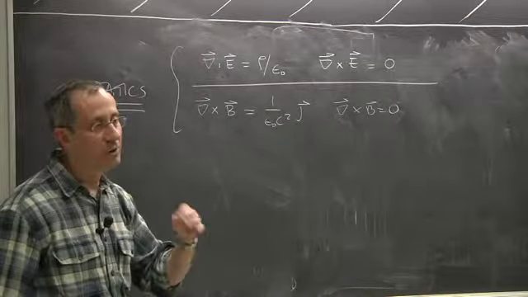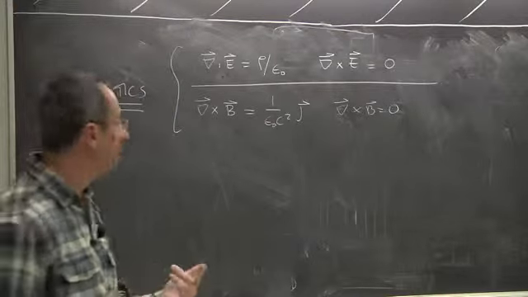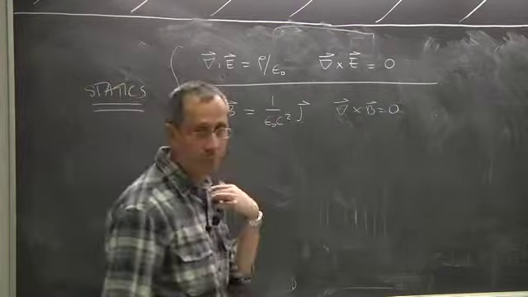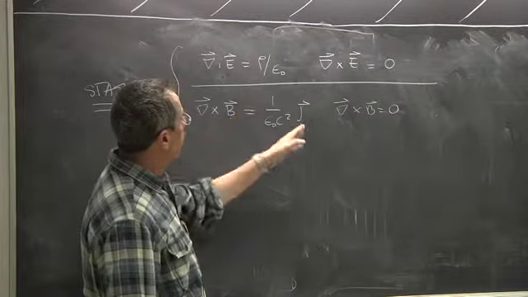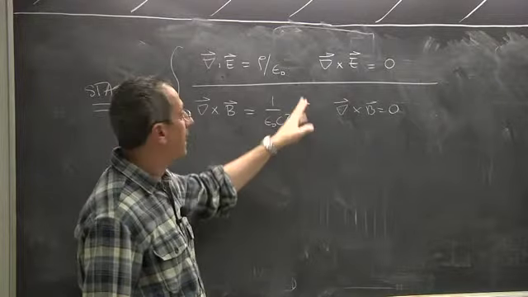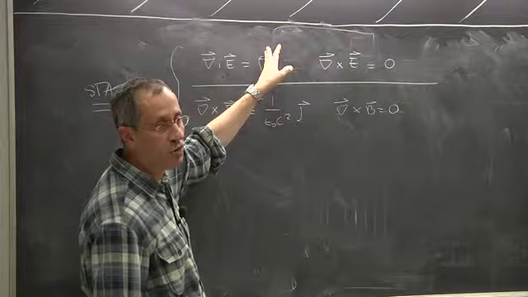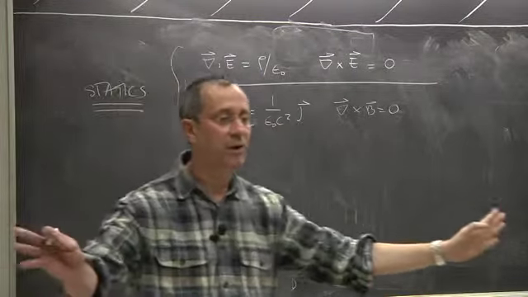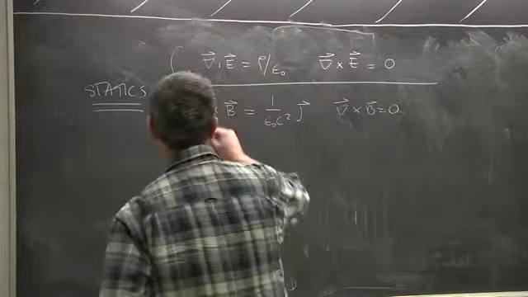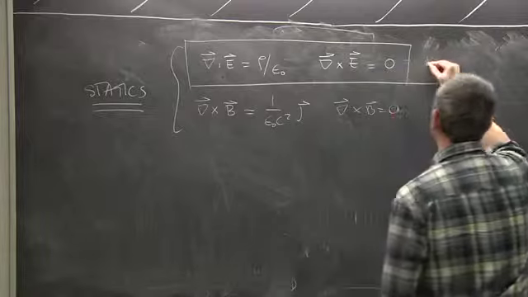And if I start out with 0 electric field, the E field will remain 0. Or if I start out with no currents, then I only have an electric field. If I start out with no electric charges, then I only have a B field, right? So the two problems are completely separated, and I can start studying maybe this one first. This is called electrostatics.